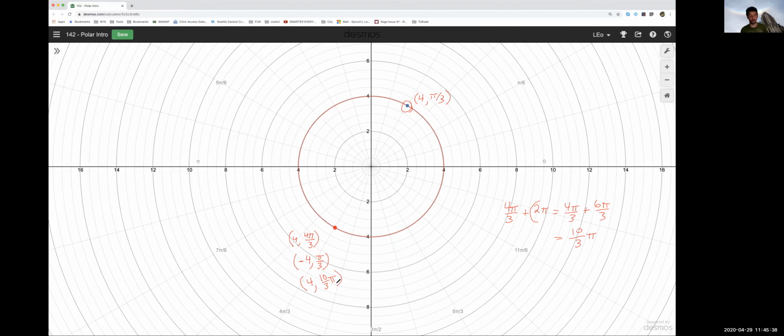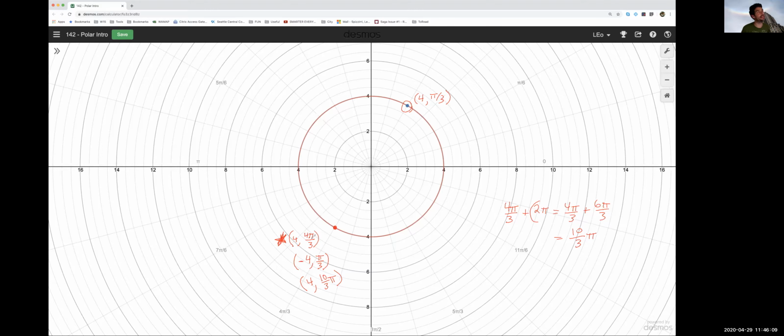4, 10/3 pi, okay? So that's an interesting thing about polar coordinates: unlike our more common rectangular coordinates, they're not unique. All 3 of these are identifying the exact same point, okay? Now, it's pretty typical to use the one that has the positive radius and the angle given in the most convenient way, usually between 0 and 2 pi.